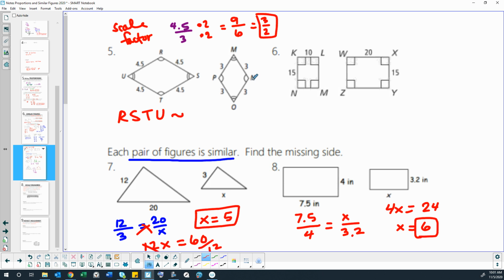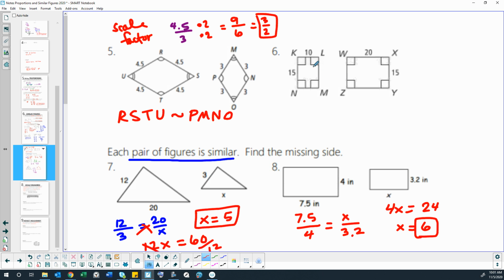So I either need to start with N or I need to start with P. It doesn't really matter. Pick one. So P is the same as R, and then M can go with S, because it's got the double angle. And then N can go with T, and then O can go with U. Just make sure you're being careful to match up congruent angles when you do your similarity statement.